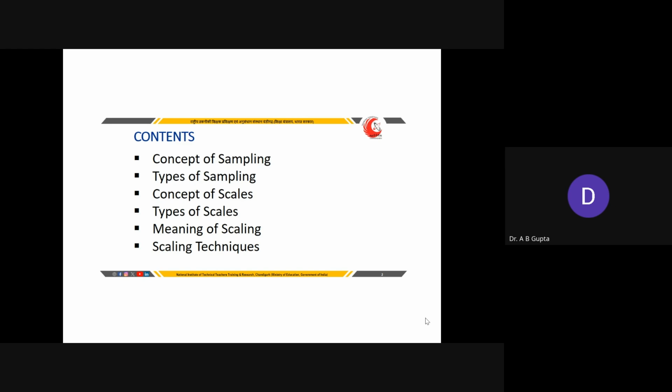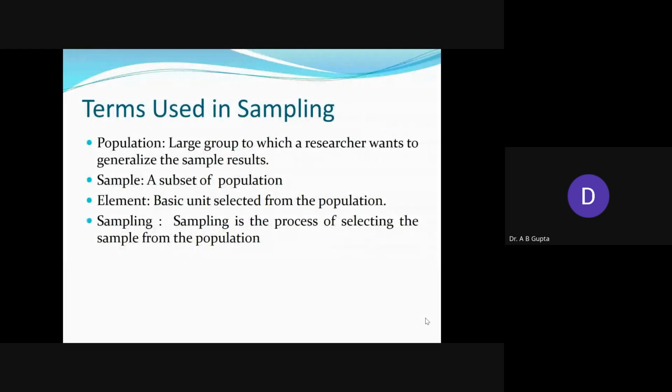It will be time consuming to collect information from a large group. So you have a smaller group out of that larger group. So that smaller group is called sample. So let us focus first of all more on sample and sampling. Then we will come to scales and scaling.